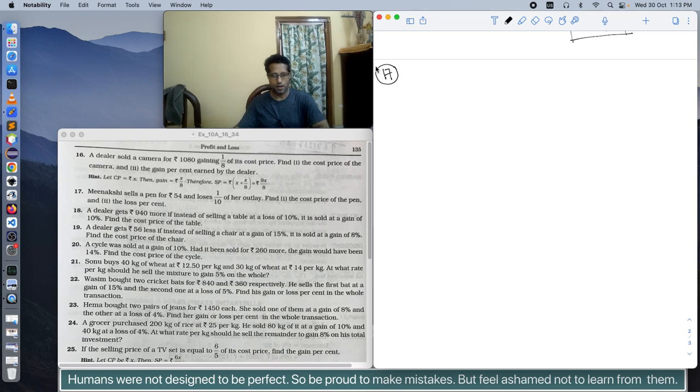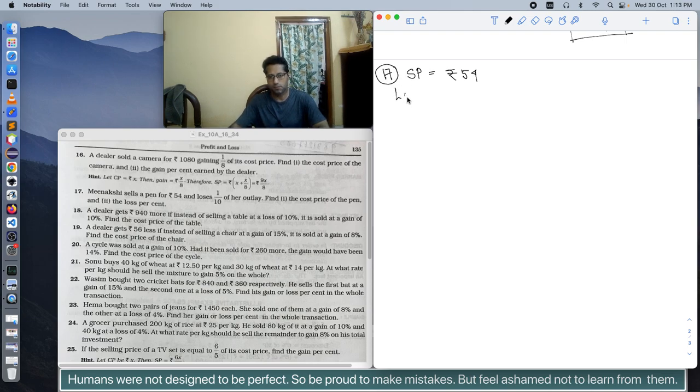So, loses 1/10 of her outlay. Outlay means money spent, that is the selling price, fine. So it is given that the selling price of the pen is rupees 54, and it is also given that the loss is 1/10 of her outlay. Outlay means selling price.